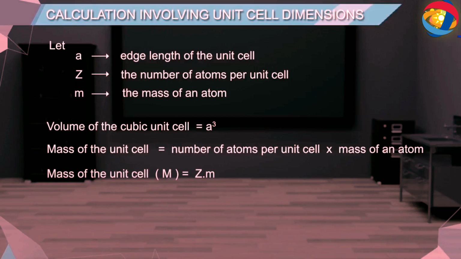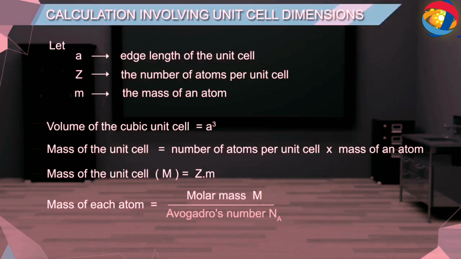Mass of the unit cell is equal to Z into m. If M is the molar mass of the element, then the mass of each atom, m, is equal to the molar mass M divided by Avogadro's number N_A.